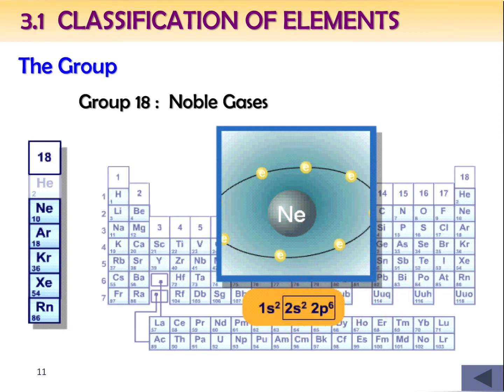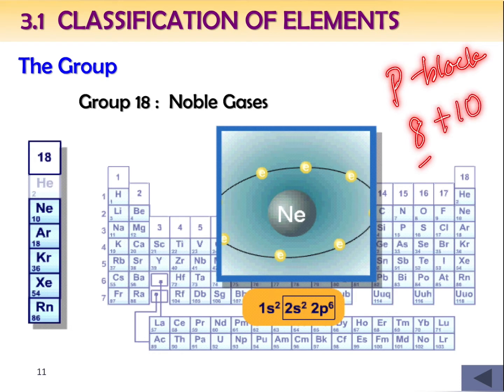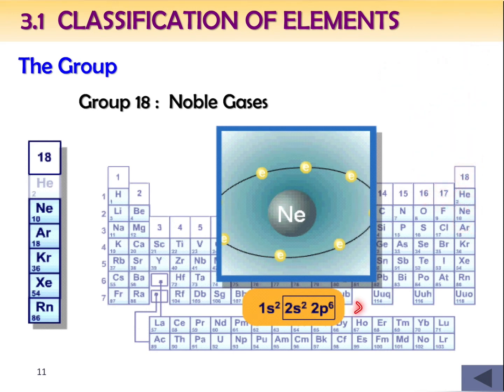Okay, so with 8 valence electrons, you can see that this is p block. So p block, with 8 valence electrons, add 10, so you can see that this is in group 18, neon.